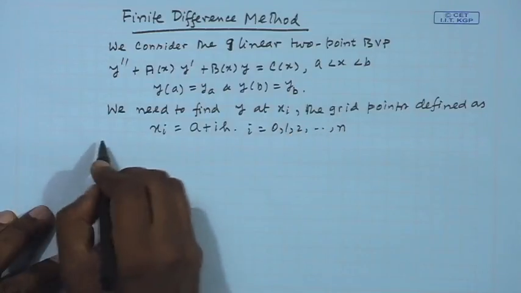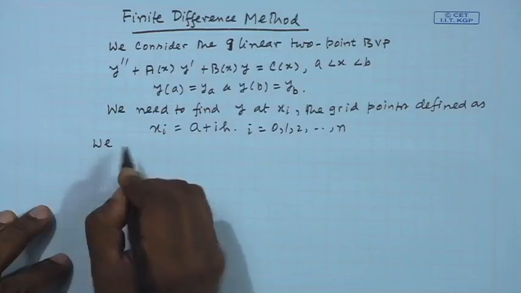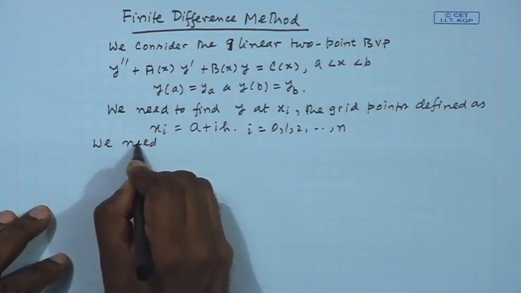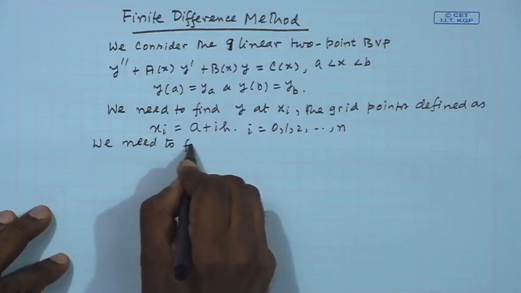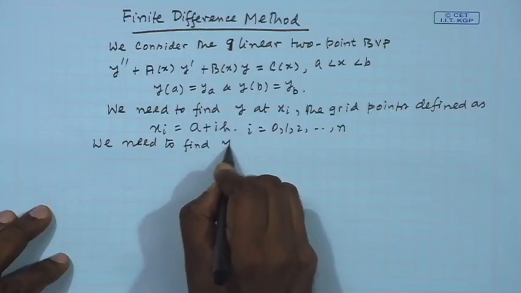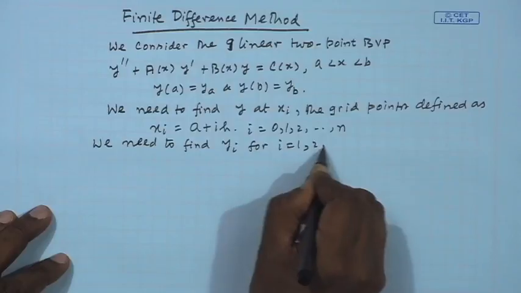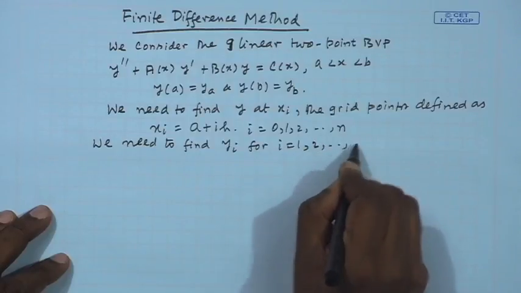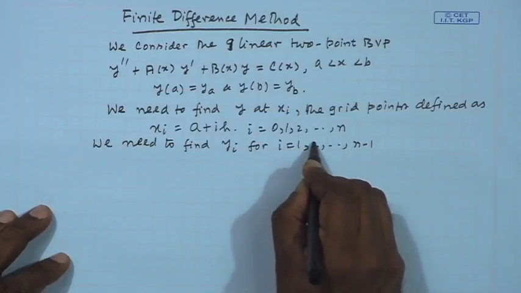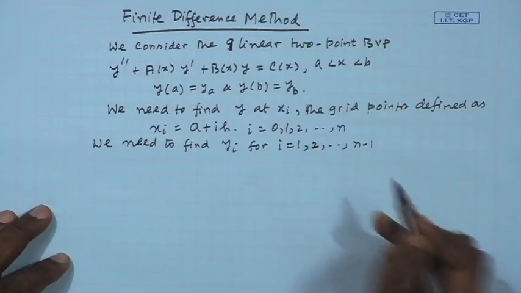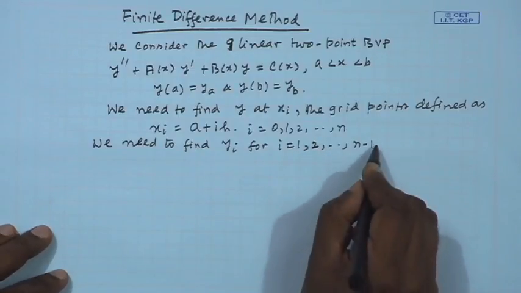So, basically we need to find y_i for i equal to 1 to n minus 1, because for i equal to 0 and n it is given.